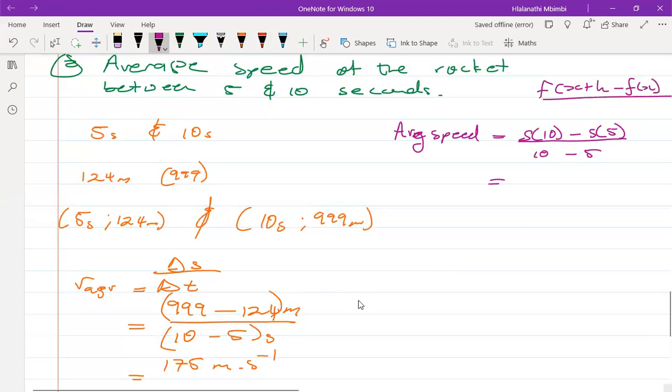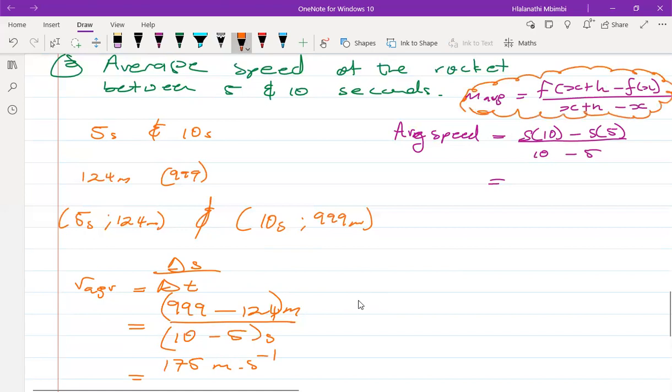Before we took the limit, we said this is our average gradient between 2 points.